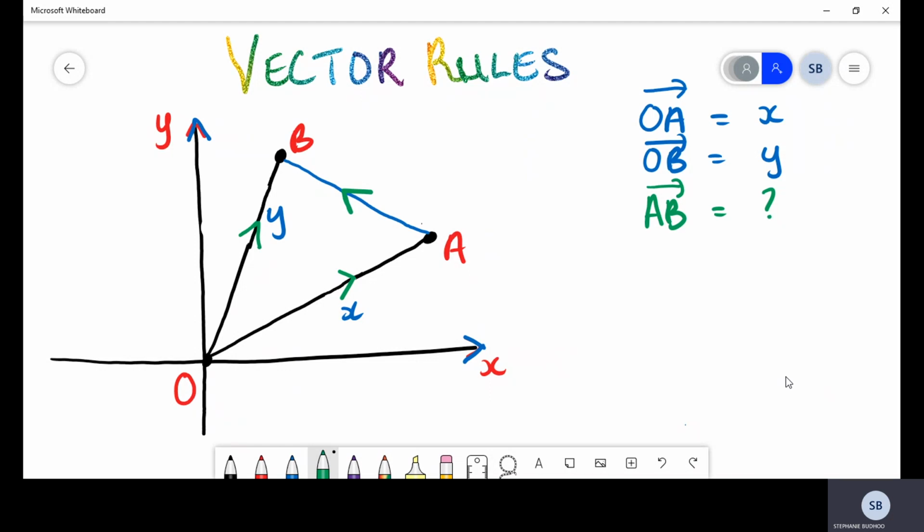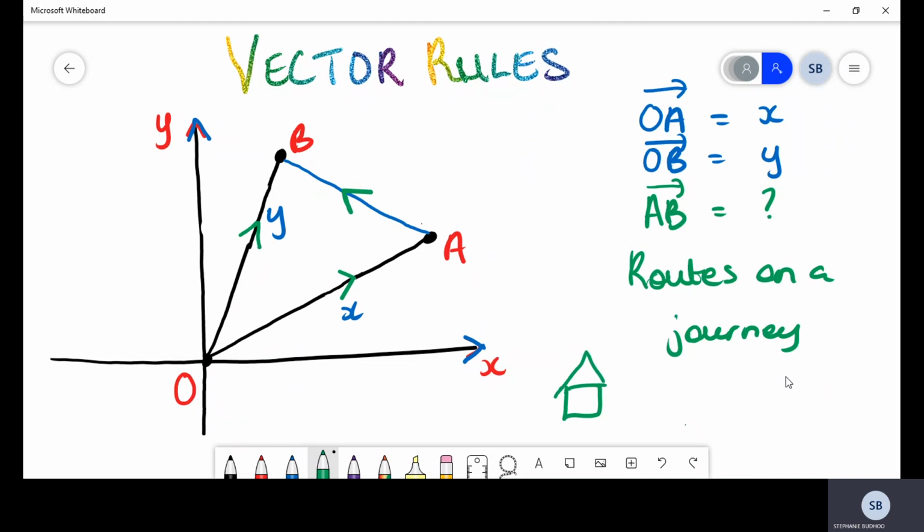When you're doing vectors, besides thinking of them as straight lines, I like to think of them as routes on a journey. Like you're walking along a road, you start from your home.